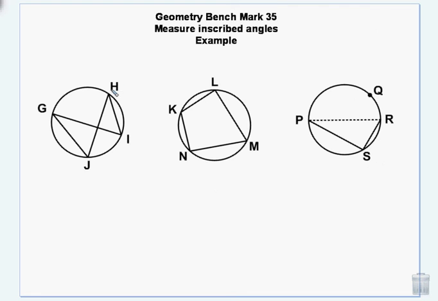Okay. I have two angles right here, one angle yellow, one angle green. What that's going to tell me is that the measure of the green angle, GJH, is going to be equal to the measure of the yellow angle, GIH, because the arc GH is the same for both.